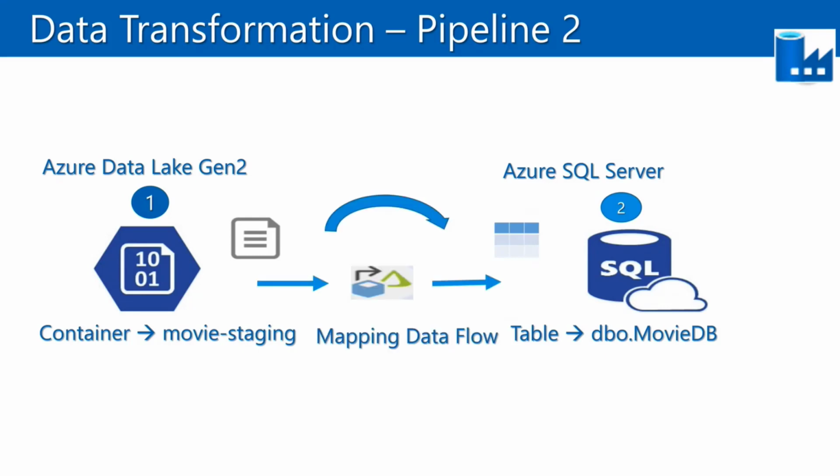My data will move from my movie staging, which is a data lake Gen2 and the result of pipeline 1. Here I'm going to apply some transformation, because I don't want to load all data into my Azure SQL Server. I only want to load the data which is useful for my business outcome.